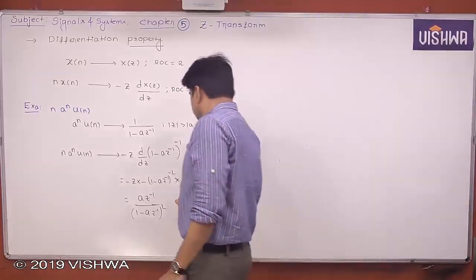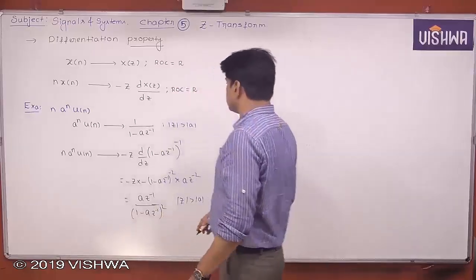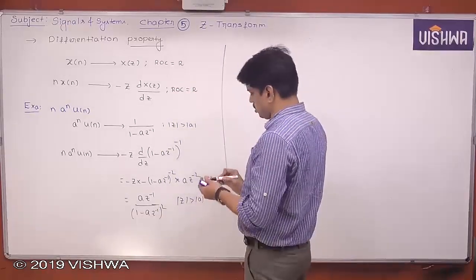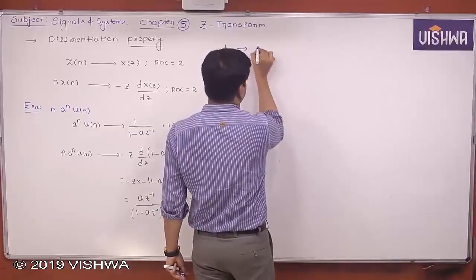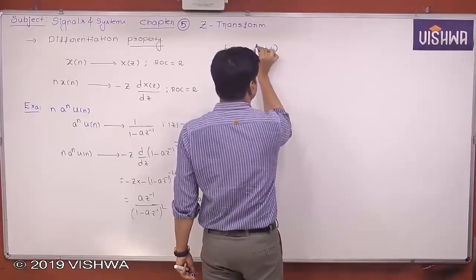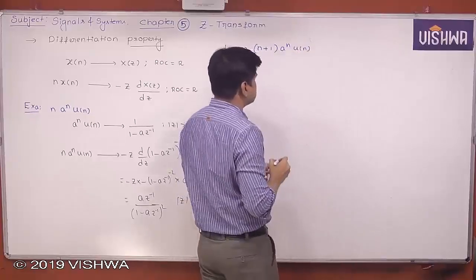For mod Z greater than mod a. Suppose I take n plus 1 a power n u of n, what am I going to get?